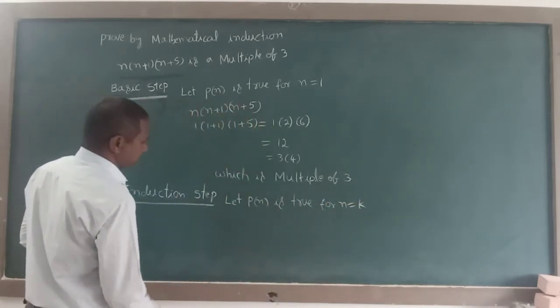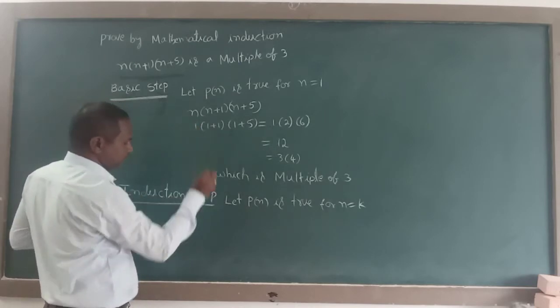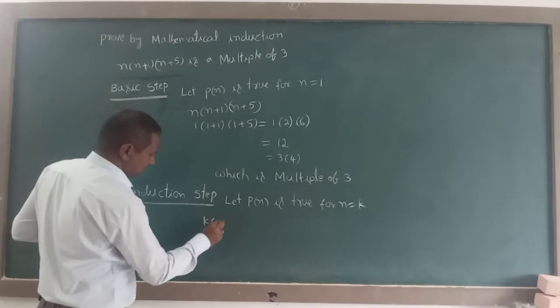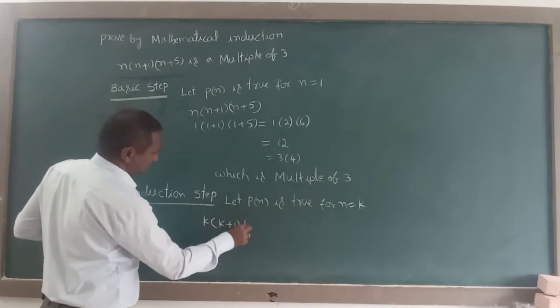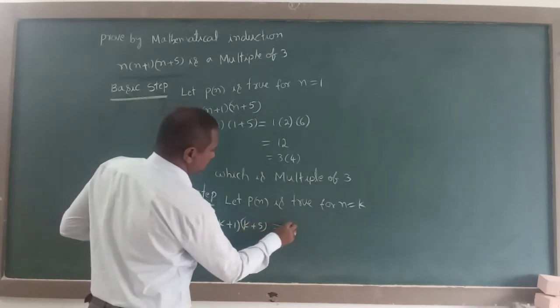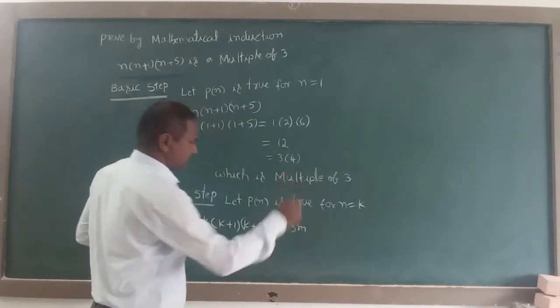N is equal to k means instead of n we put k here. k into k plus 1 into k plus 5 is equal to 3m, we are going to write here.